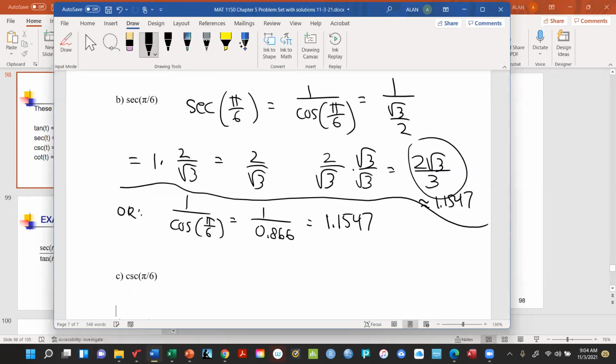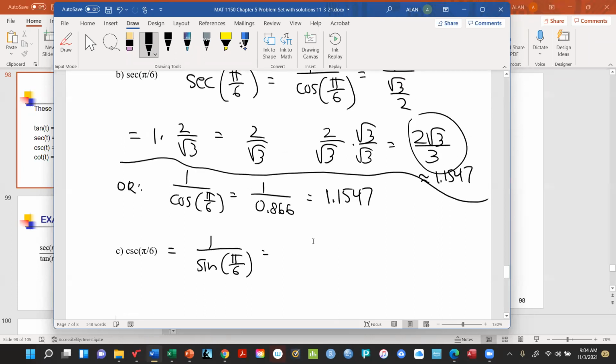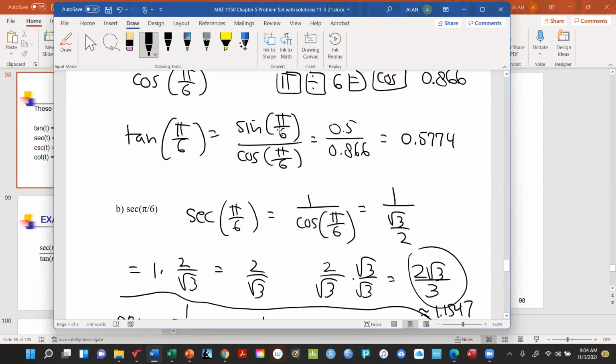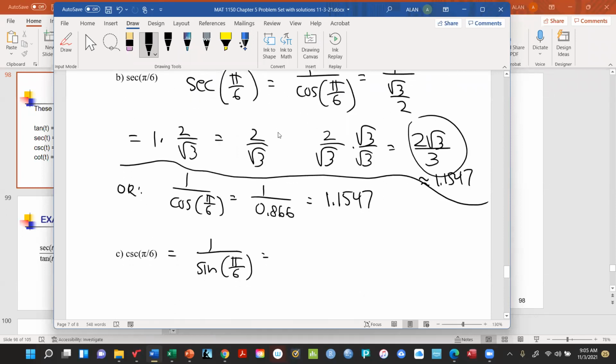Now, cosecant is the inverse of the sine. We just got through calculating earlier that the sine of pi over 6 is a half. Well, we got lucky here. And that's just 2. I like it when it turns out nicely like that.